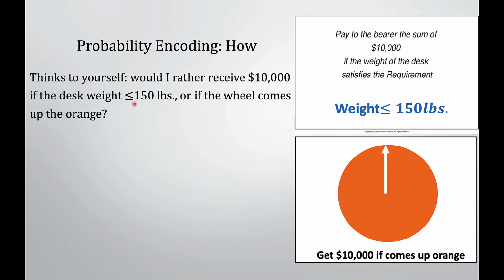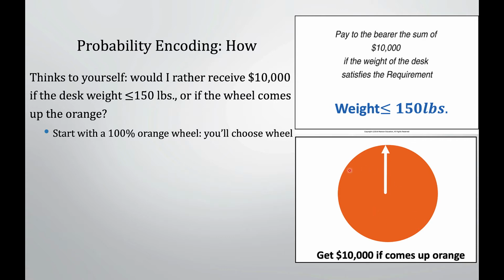First, think to yourself, would I rather get this certificate or would I rather get this deal? Okay, let's start with a 100% orange wheel like you're seeing here.